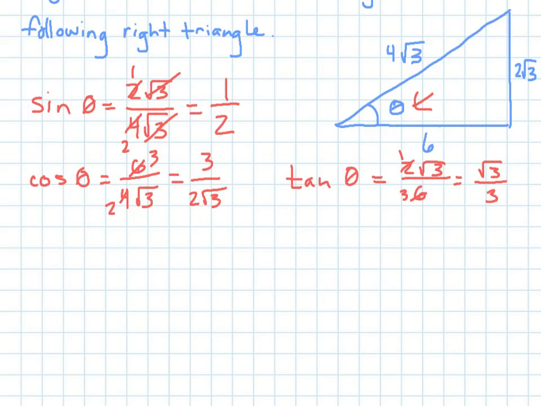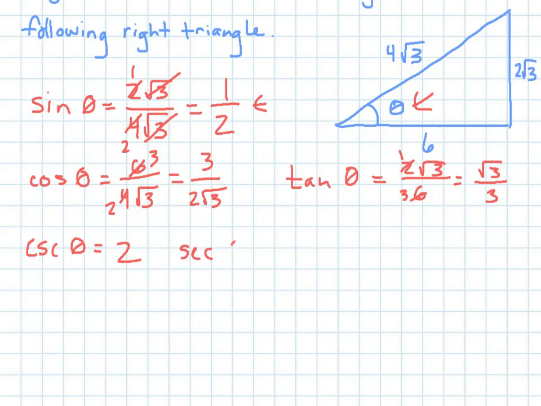Okay. Cosecant will be the reciprocal of sine. So you can just take what you found for sine and flip it if you'd like. So 1 over 2 becomes 2 over 1. I'll just write 2.